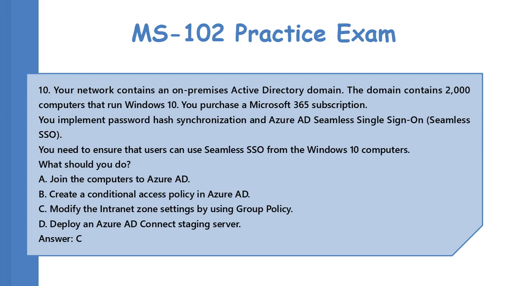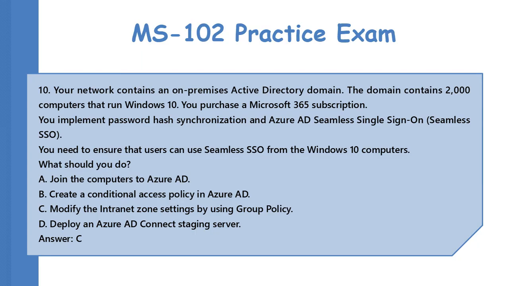10. Your network contains an on-premises Active Directory domain. The domain contains 2,000 computers that run Windows 10. You purchase a Microsoft 365 subscription. You implement password hash synchronization and Azure AD Seamless Single Sign-On, Seamless SSO. You need to ensure that users can use Seamless SSO from the Windows 10 computers.